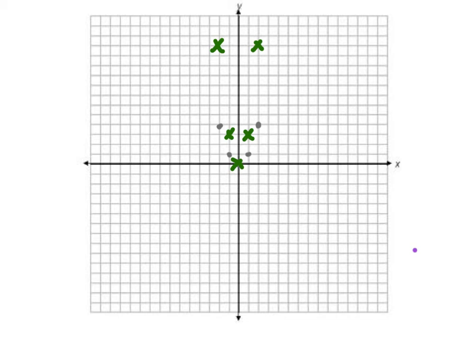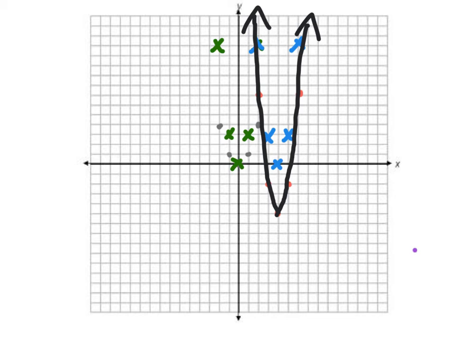Next, I'll move all the points 4 to the right. And finally, I'll move the points down 5. Once I do that, I can just connect both sides of the U. And we have our parabola.